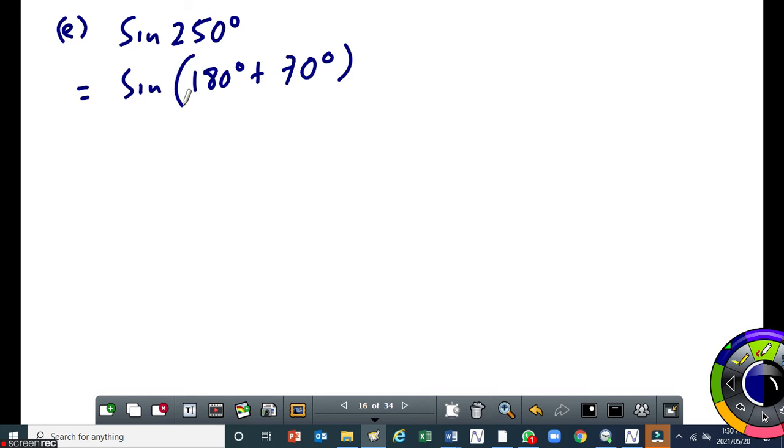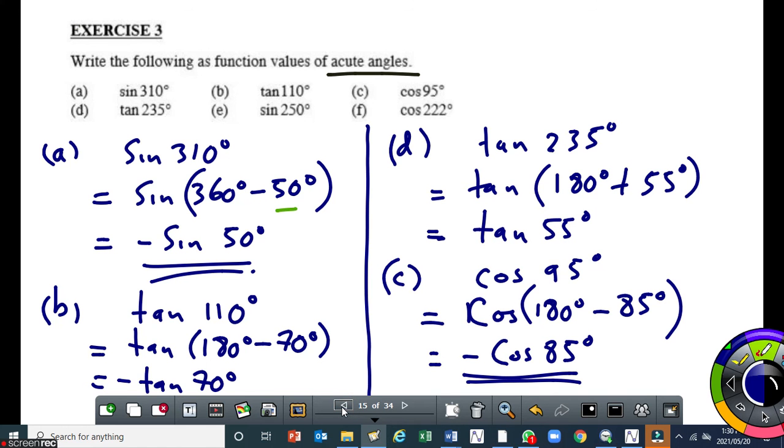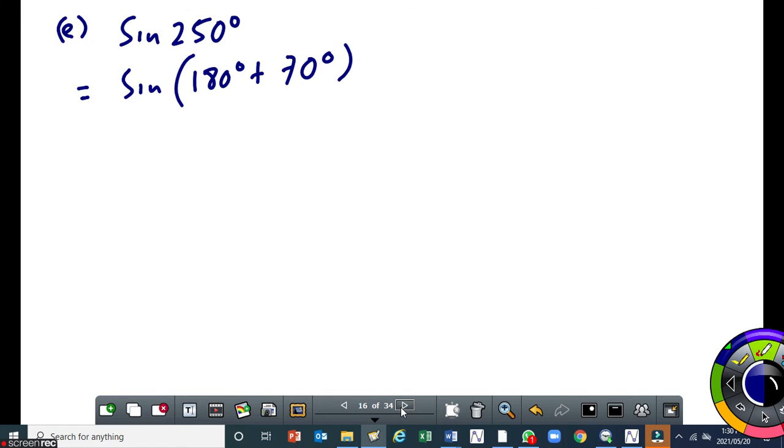Okay, let's carry on. For the previous one, if you want to use the co-ratios, you could use this one here, 90. Yes, you can use it, but you can only use it for question C. Which means it was going to be minus sine, but then you have to convert the sine.